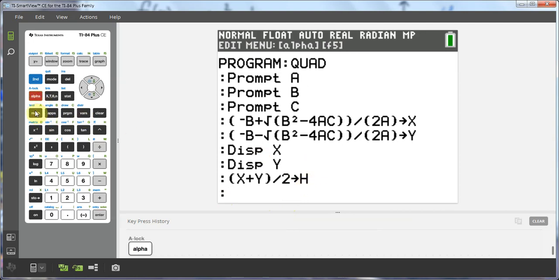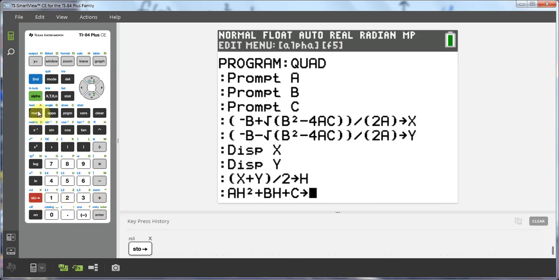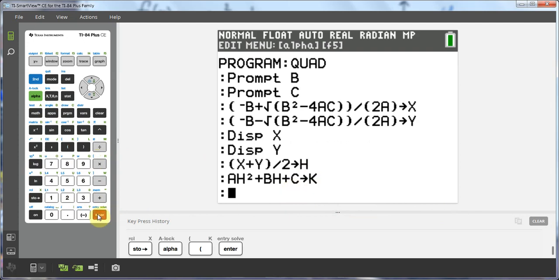So it's going to be a h squared, because h is the value of the x-coordinate that we're looking for, plus b h plus c. Okay, and we're going to store this into a new variable. Let's call it k. Okay, so there we have it. We have an x-coordinate and a y-coordinate of the highest point.